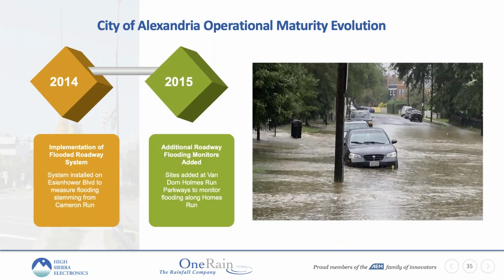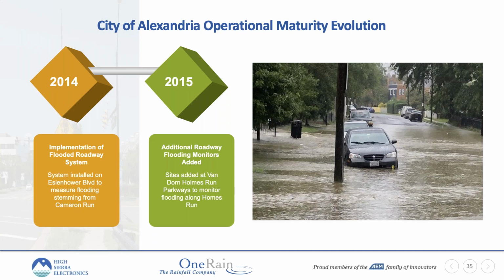Shortly after putting in those systems over on Eisenhower, they had some additional flooding, and so they decided to get a heads up. Let's supplement that system and find out what's coming down into the area. So they added some additional sites up on Backlick Run and up on Holmes Run.